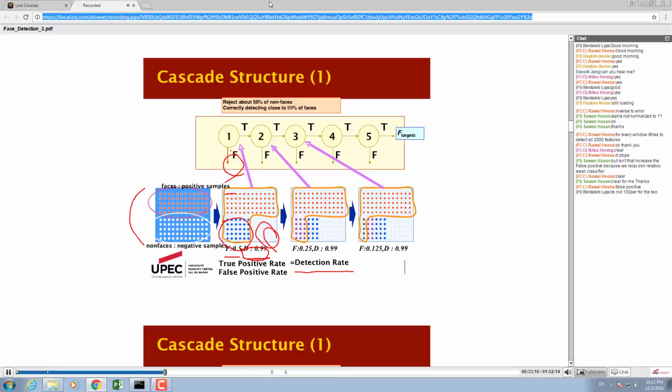For example, when I input one region, one window, stage 1 may filter out that window: this is not a face. Then that window is just not a face because of the high true positive rate, so we don't need to think about it anymore. By the way, if the window is classified as a face by stage 1, it may have a 50% possibility of being a non-face, right?